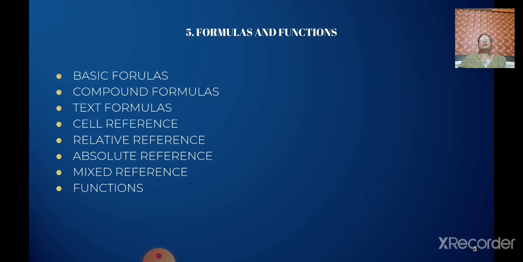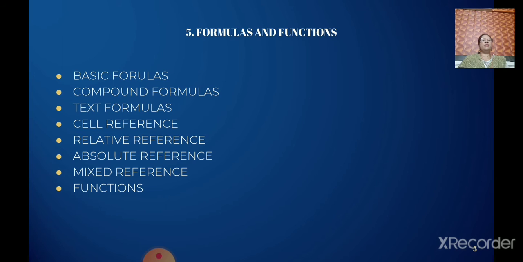But what is absolute reference? Absolute reference is used when you do not want to change the address of the cell on copying the formula to another cell. Suppose you don't want to change the cell reference, then we use absolute reference.